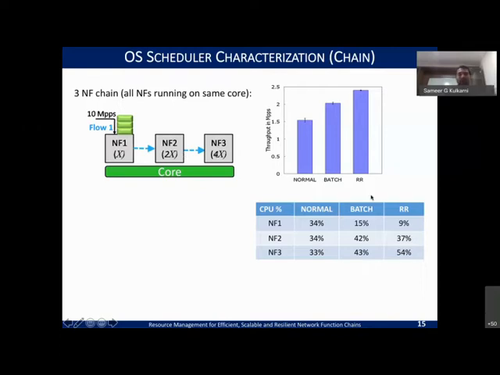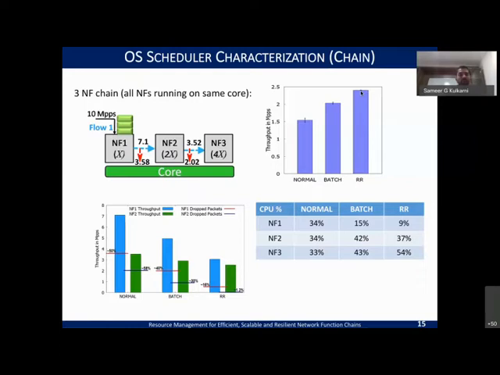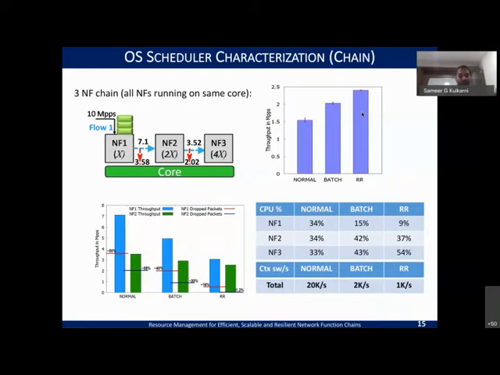And in round robin, there is again a variation, and you can see the higher the compute cost, the more of its desired time the NF got, and that's where it helped us improve the throughput, right? So what this means is we need to see how well these schedulers behave in different dimensions. One, whether they are scheduling these NFs at the right time, and how many context switches they are doing to schedule these different network functions.